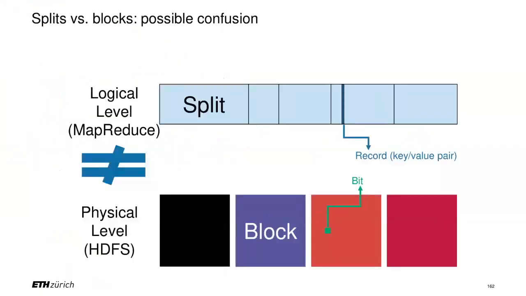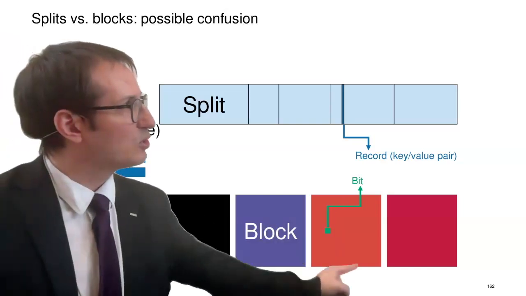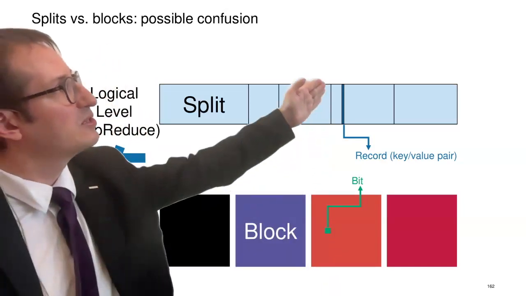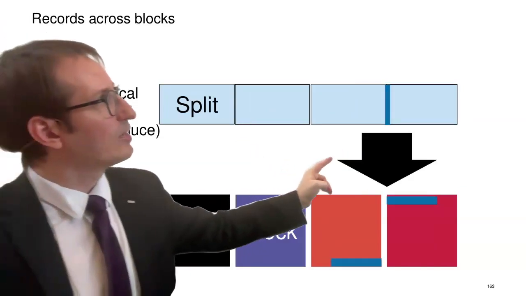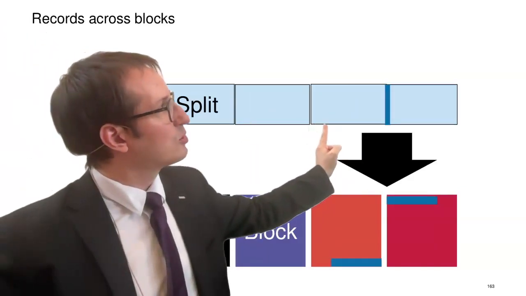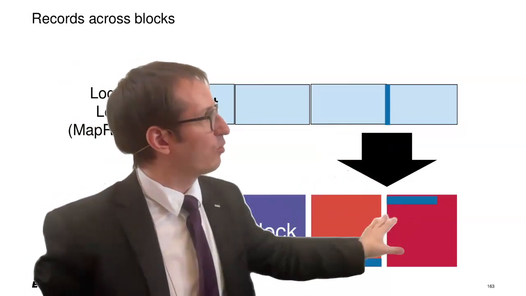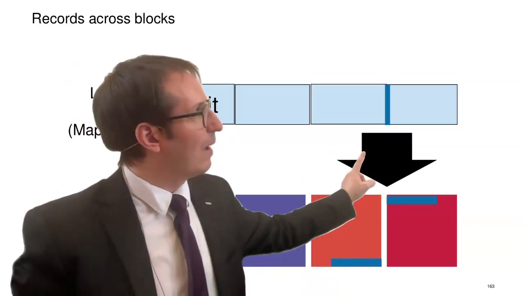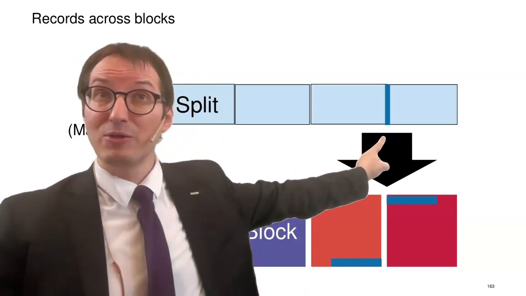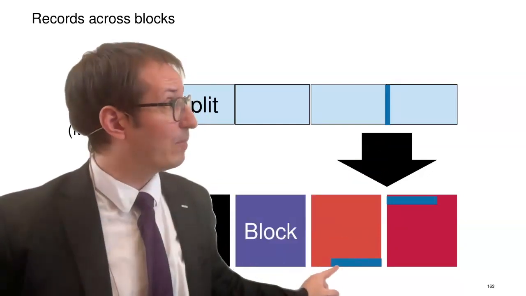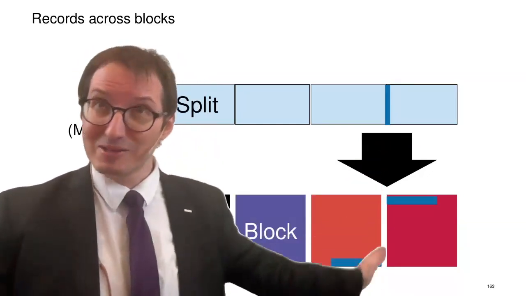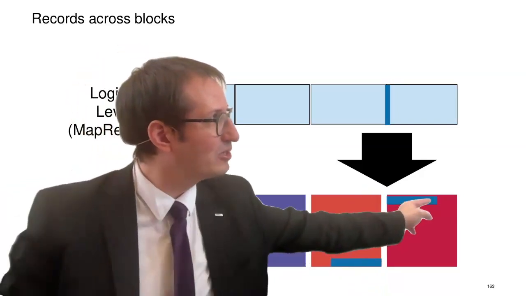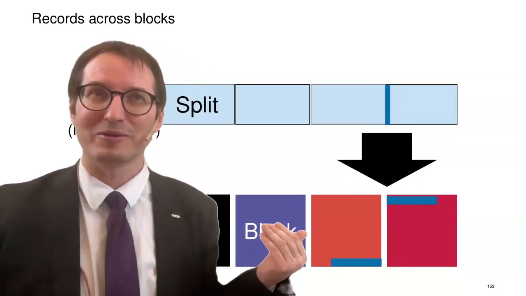What's going to happen is that because a block is about bits and a split is about key value pairs, records, synonym for key value pair, most of the key values of the split are going to be nicely in the block, but the last key value might start in your block, but then it was merciless cut, and then continues in the next block, right?